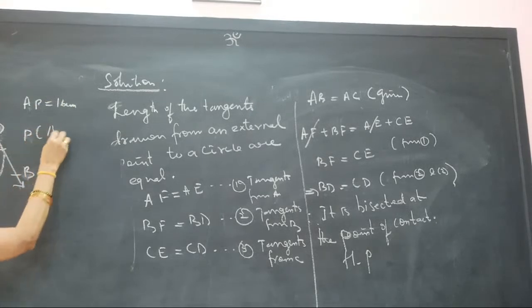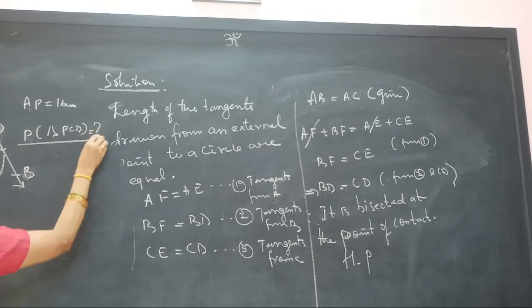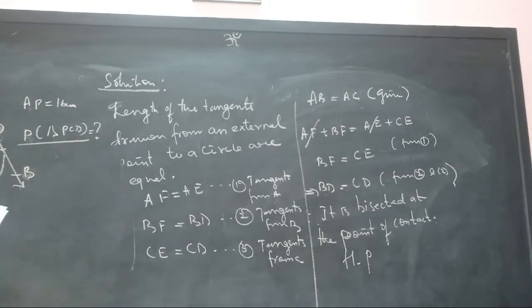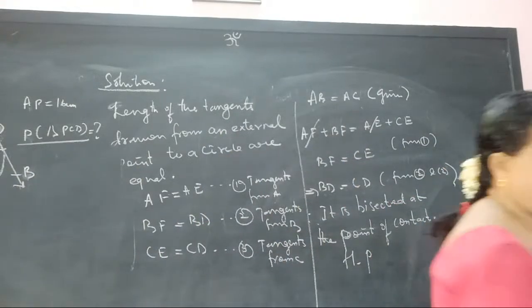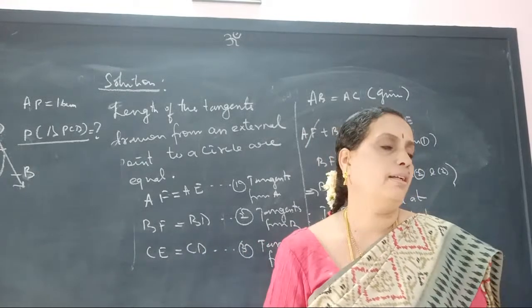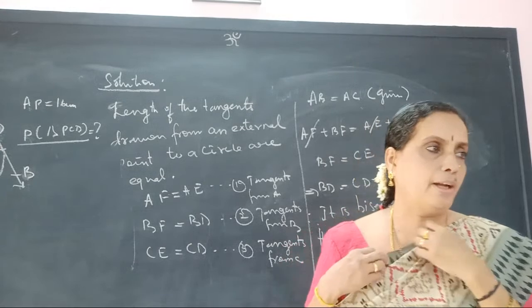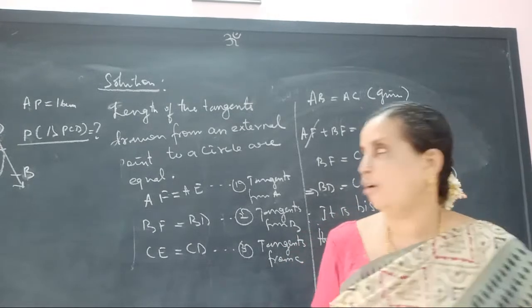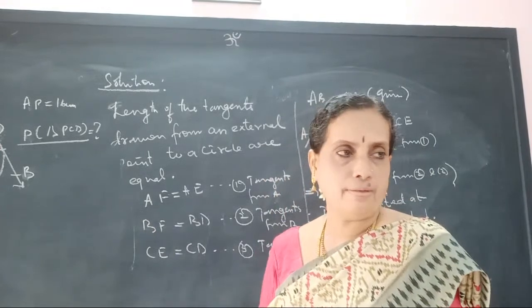Perimeter of triangle PCD is question mark. Here also in the worksheet the figure is clipped. I made it vertical so that we can easily identify the pairs of tangents instead of turning the page. I cannot rotate my board, so I rotate the figure itself.